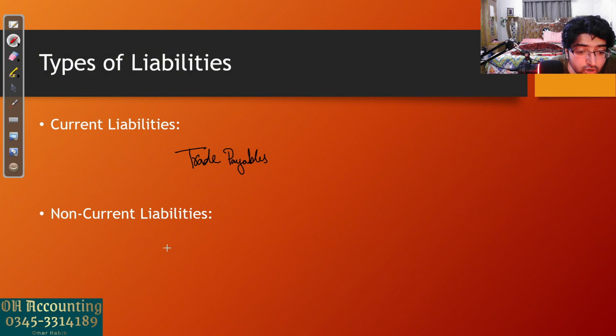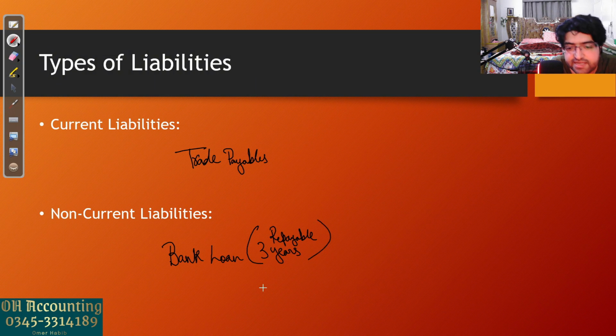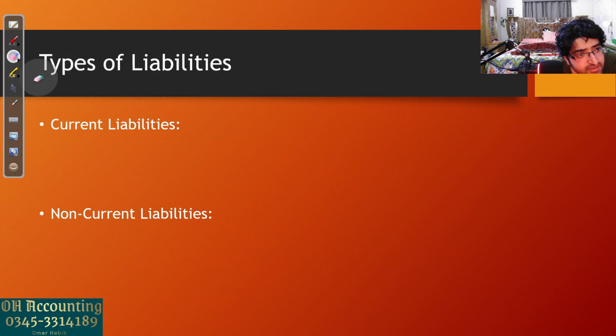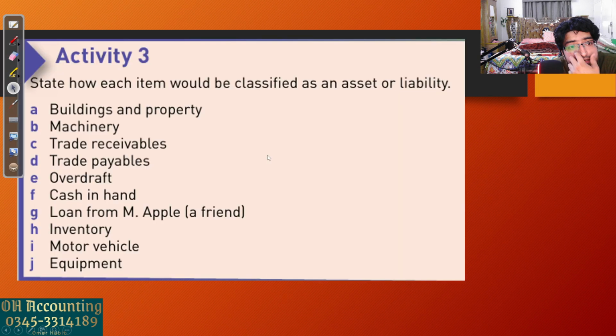On the other hand, a non-current liability can be a bank loan, which is, let's say, repayable after 2 years, 3 years. So this is a non-current liability. Simple, straightforward. Let me erase this and move on to the next slide.